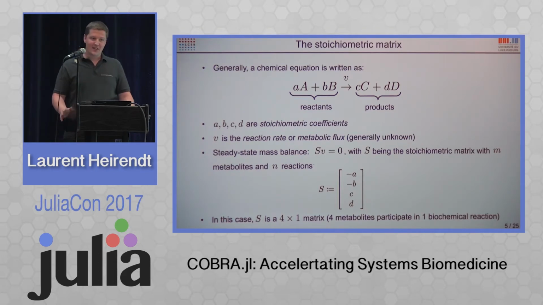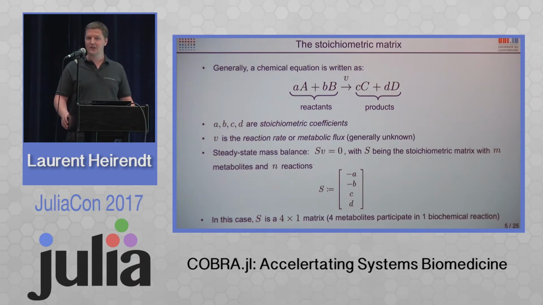So just to give you some background information, you might be familiar with the concept of the stoichiometric matrix. Any general chemical or biochemical reaction is generally written as a product of A with a quantity small a, and another product B of small quantity b, that are acting together.